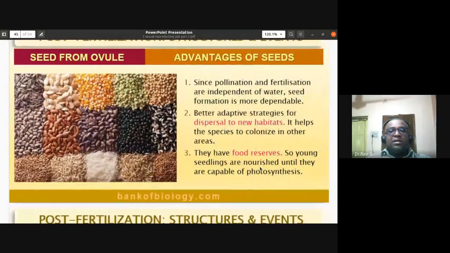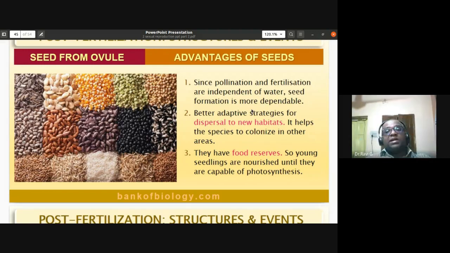So the advantages of seeds. What is the advantage of seeds? Why is it more important for angiosperms? The survival value of seeds is much better since pollination and fertilization are independent of water. In bryophytes and pteridophytes, they require water for pollination as well as fertilization.